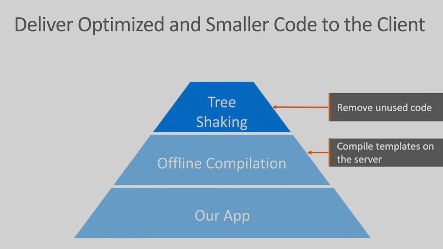So in tree shaking, what happens is everybody writes projects where they have dead code. If you ever looked at a project and somebody has functions which aren't being called, objects that aren't being used, etc., well, wouldn't it be great if you could write something that shakes out all the dead code and drops it out, and therefore you don't have to bring that to the client either? That's extra weight. It also tree shakes features of Angular that you're not using.